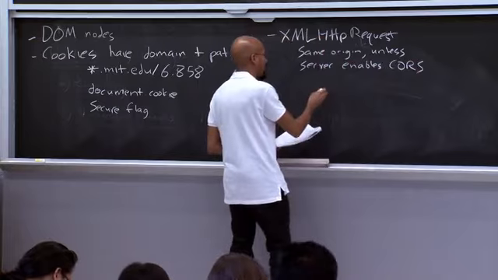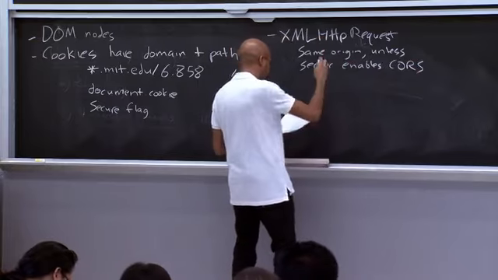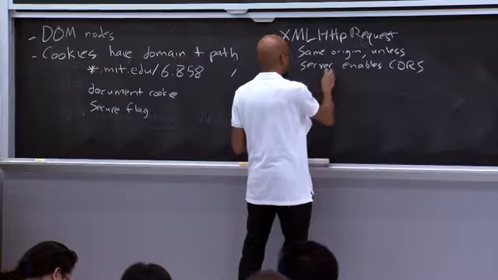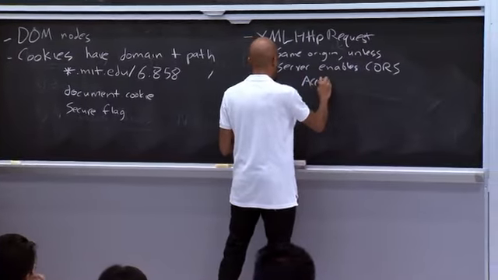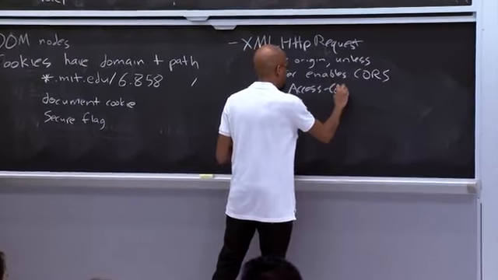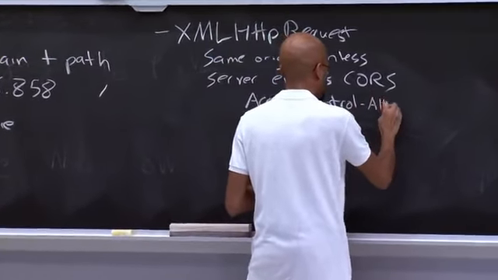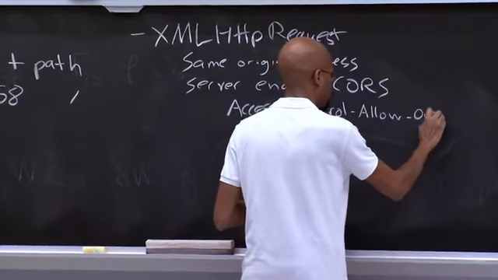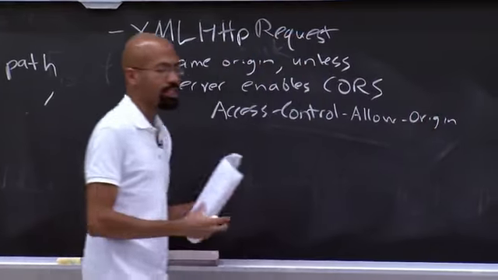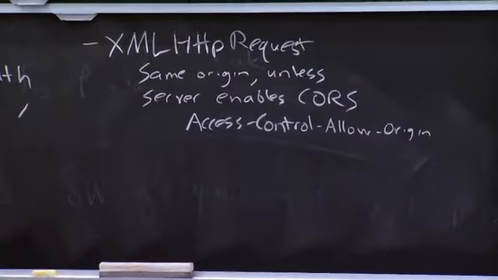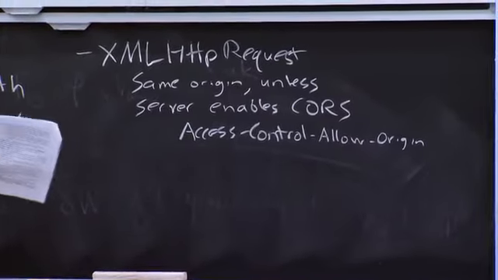And so basically, this adds a new HTTP response header called access control allow origin. Right? So let's say that JavaScript from foo.com wants to make an XML HTTP request to bar.com. Right?